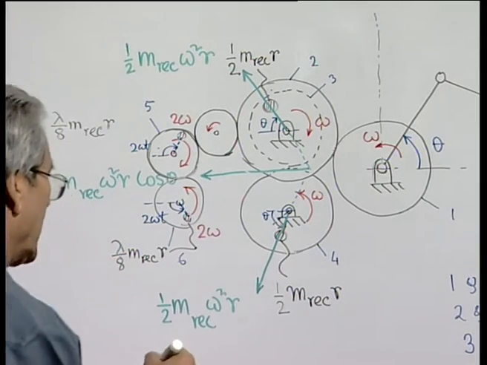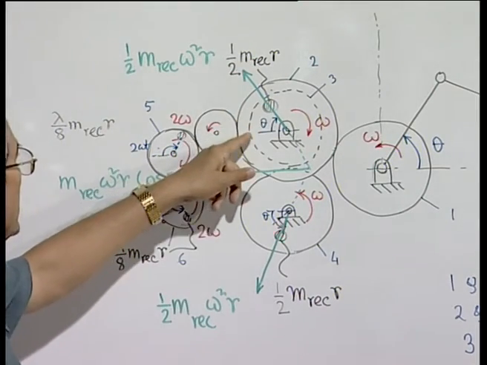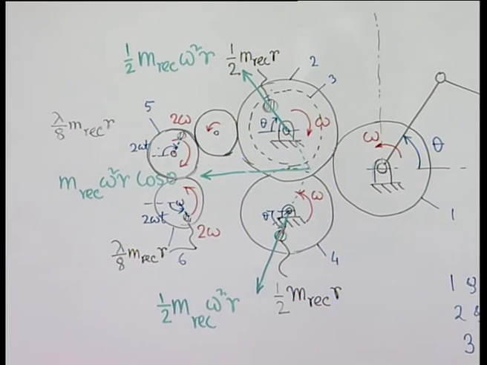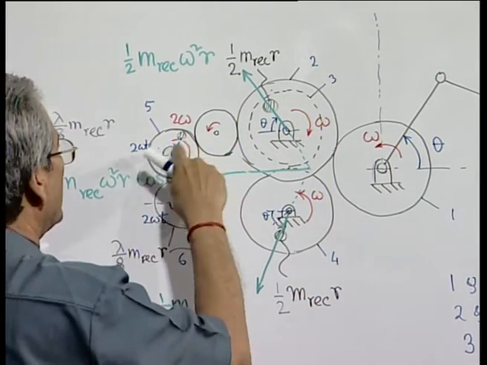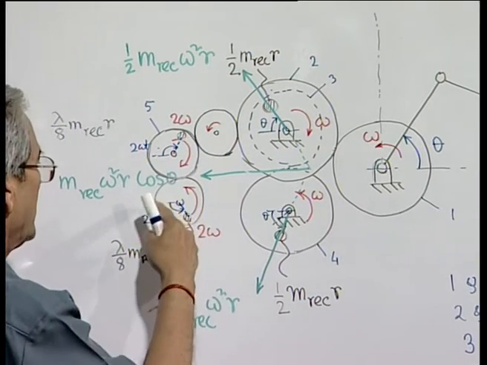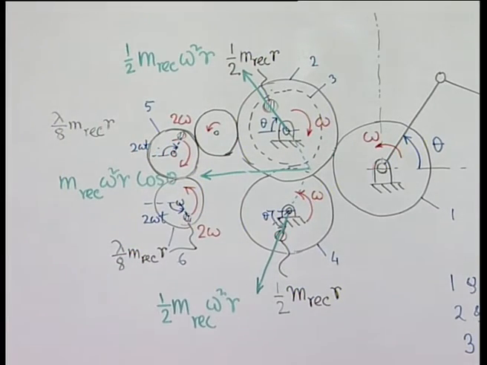At time t equal to 0 they are all aligned, this was here, this was also here. Now, since it is rotating at 2 omega speed, this will rotate through an angle 2 omega t, and this will rotate through an angle 2 omega t in the opposite direction.